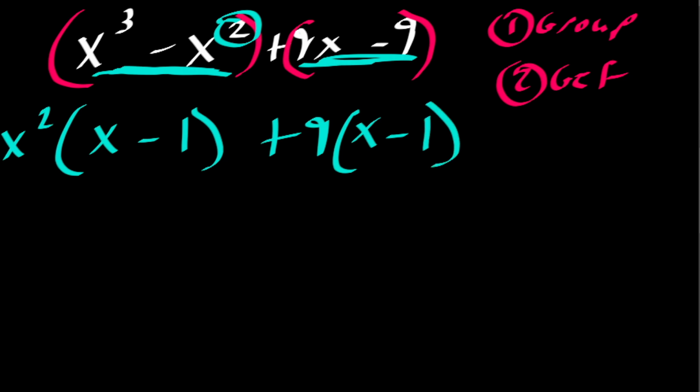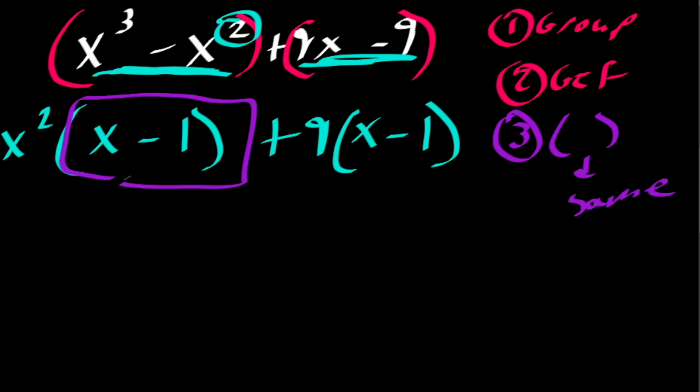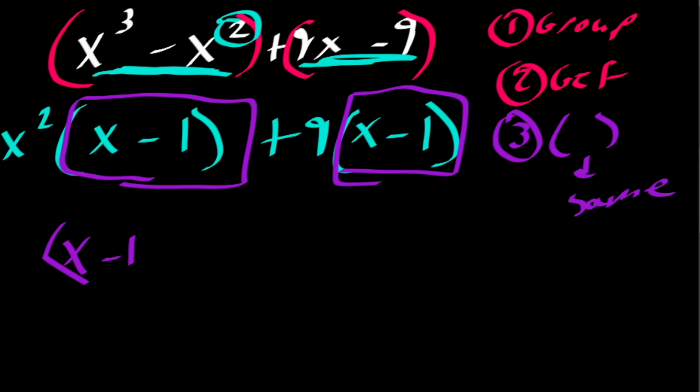Now, what I didn't mention when we did the steps is for this third step, we want to have parentheses that are the same. You'll notice that these two parentheses are the exact same. That's that common binomial I was talking about at the beginning. Basically, when these two parentheses are the same, that gives you one of your factors. So one of your factors here is x minus 1.